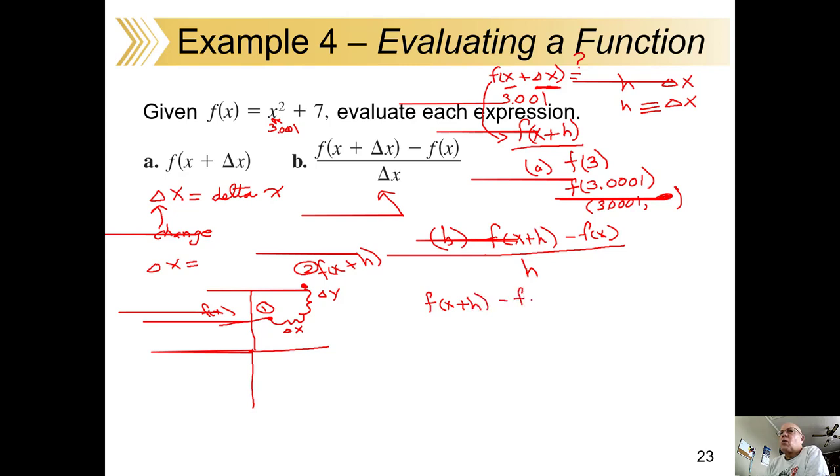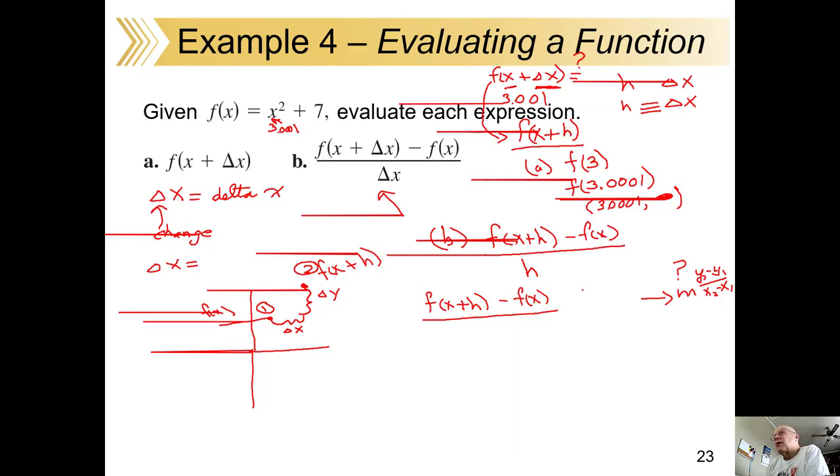We're subtracting the y values. Now why do we have h in the bottom? Well, if you remember slope, remember slope? We have y2 minus y1 over x2 minus x1. Okay, so this top looks like you're subtracting the y values like with the slope.